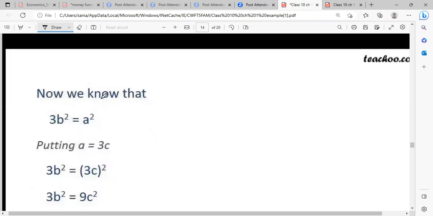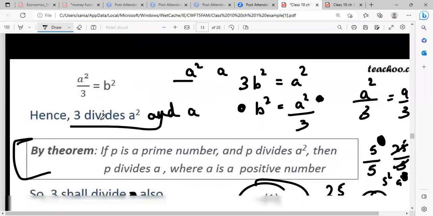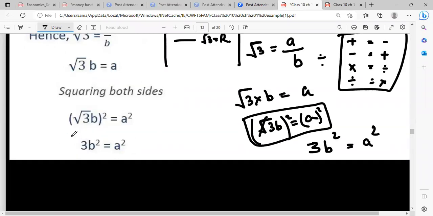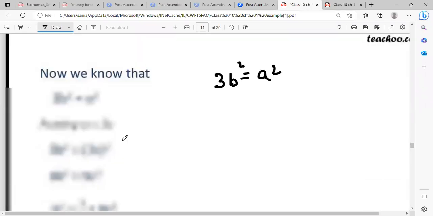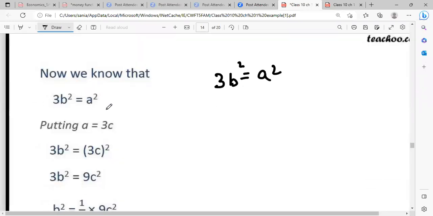Now, after this, we know that 3B square equals A square. You remember this equation? Yes, ma'am. 3B square equals A square, this one. Over here, you know that 3B square equals A square, and here you are saying that A equals 3C.